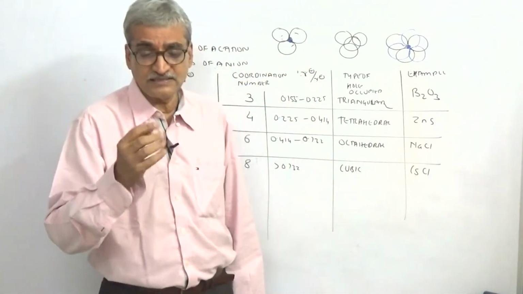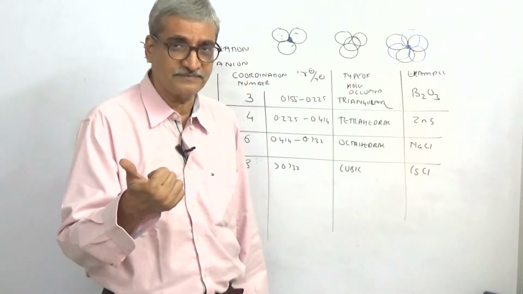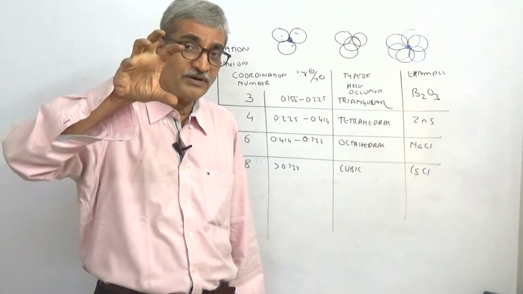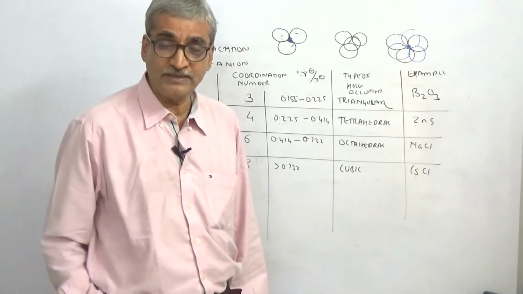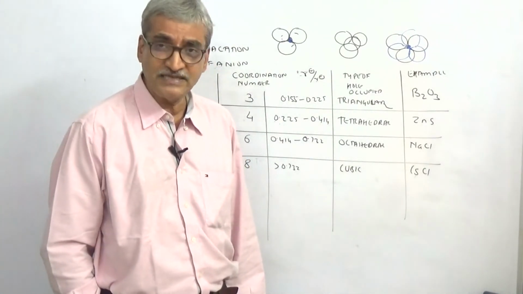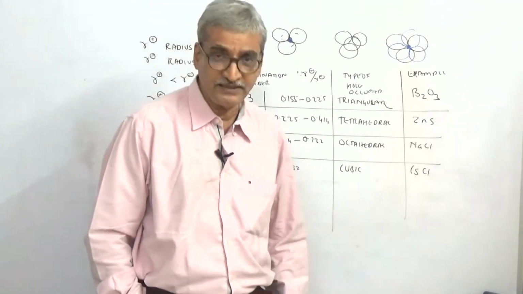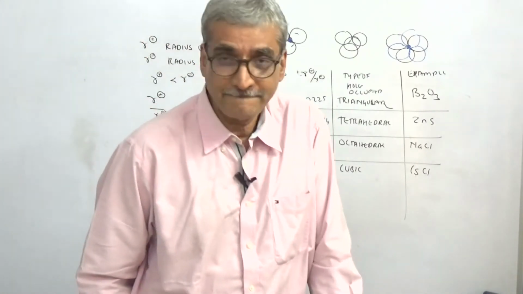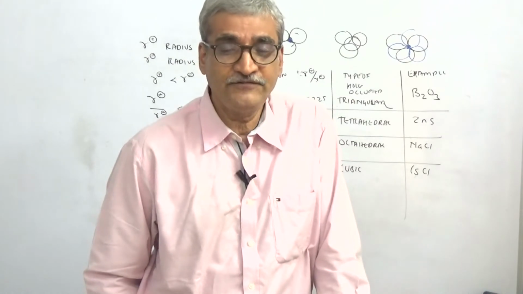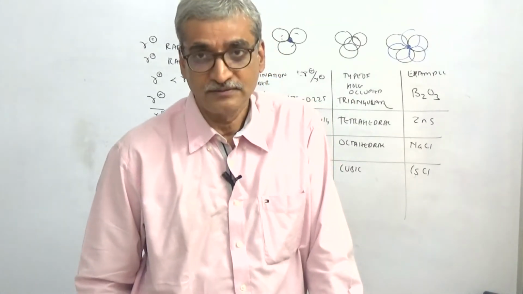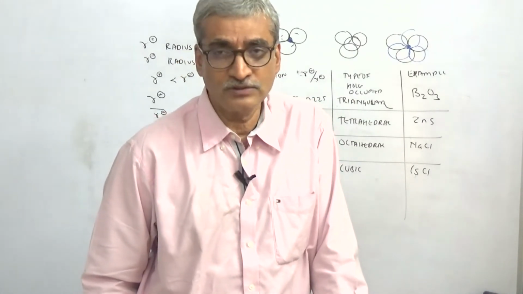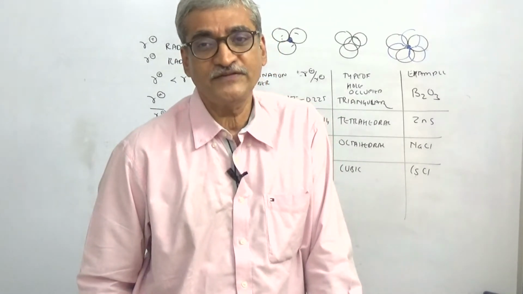We have alkali metals: lithium, sodium, potassium, rubidium, cesium. Sodium is small. Sodium has a smaller cation, so it requires less space. So it fits itself in the octahedral hole. Are you understanding? It fits itself in the octahedral hole. Okay. So all octahedral holes are occupied. So sodium chloride is a face centered cubic lattice.